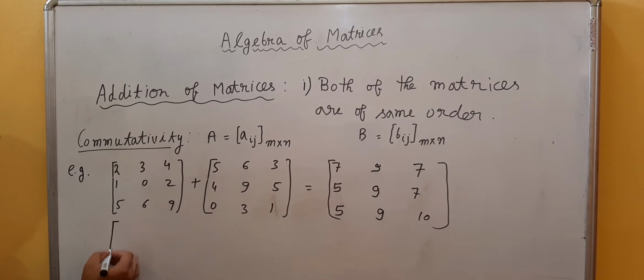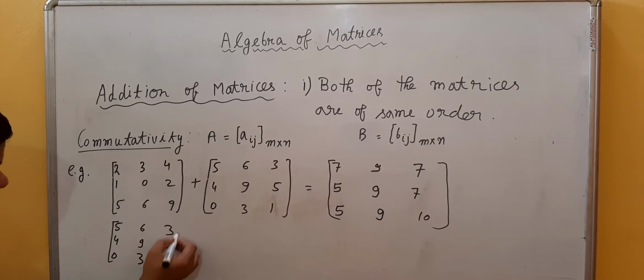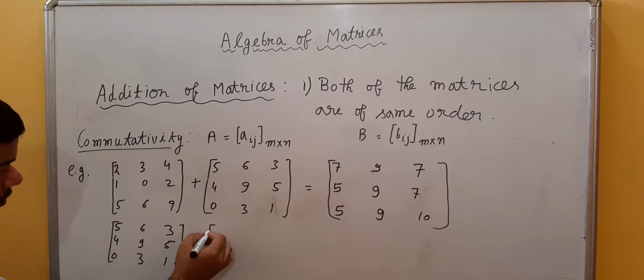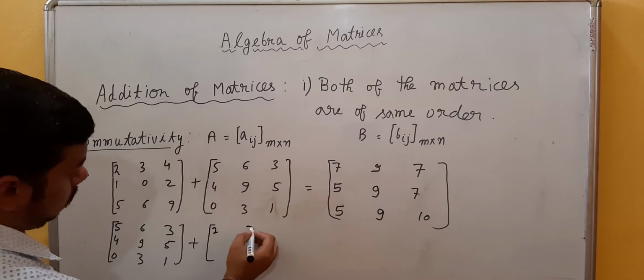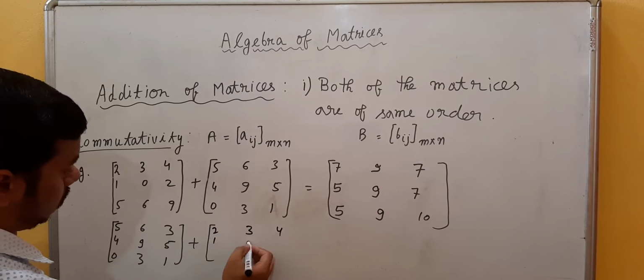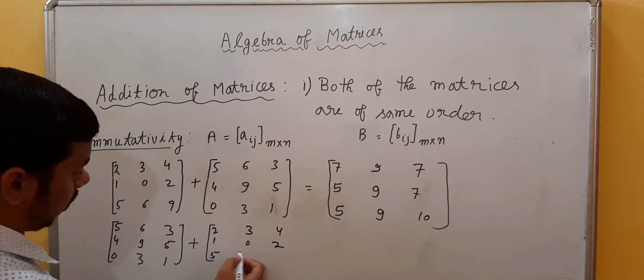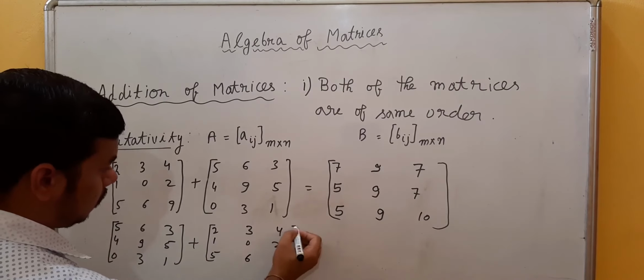Now let us check the reverse. 5, 6, 3, 4, 9, 5, 0, 3, 1, plus 2, 3, 4, 1, 0, 2, 5, 6, 9.